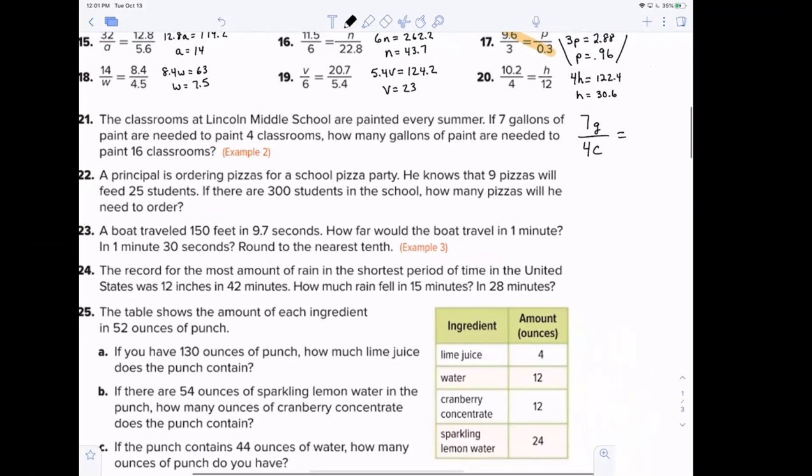All right, continue on. How many gallons of paint are needed to paint 16 classrooms? So you're going to have the variable on the top of the next ratio, and then 16 on the bottom. Very, very good. All right, cross multiply for me.